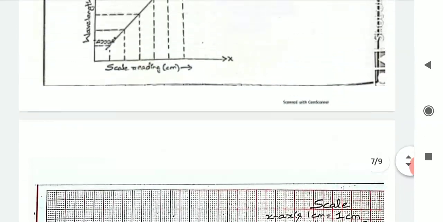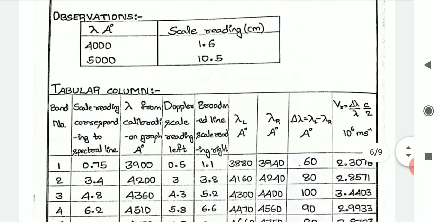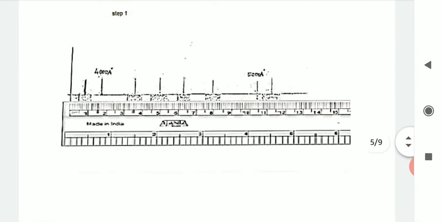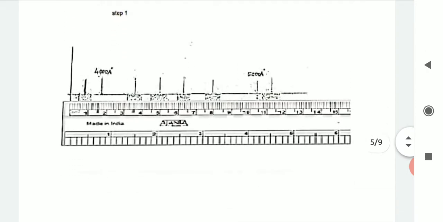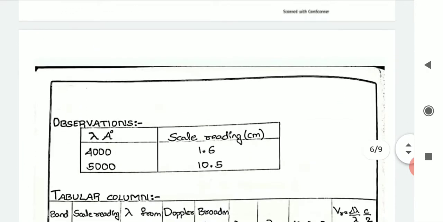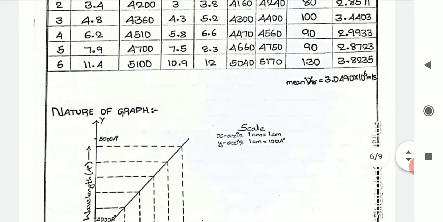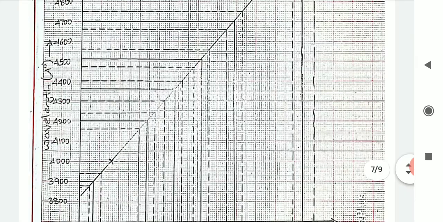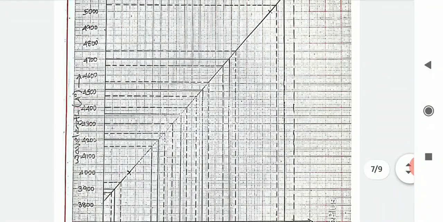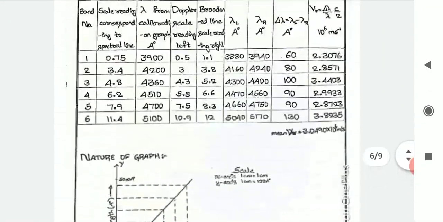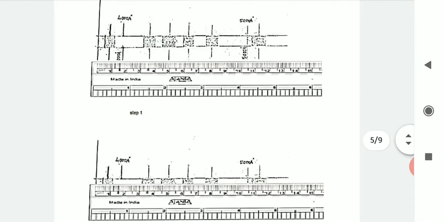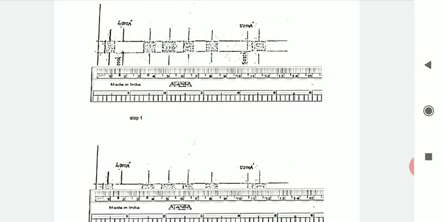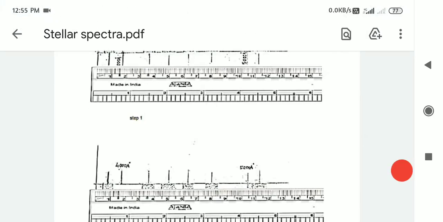So I'll repeat once again. First step: you have to measure the values of lambda. This is the first one, from this 4000, 5000, two readings you have to measure, based on these 4000 angstroms, 5000. Second step: you have to plot a graph here. For two lines here, you have to mark a straight line. Third step: for the broadening of lines, for each of the 6 spectral lines you have to measure from the same point.